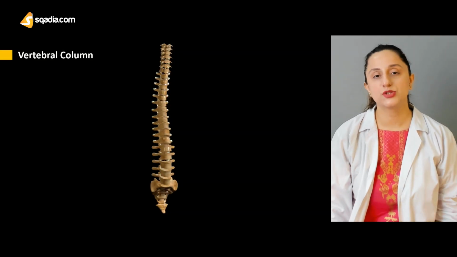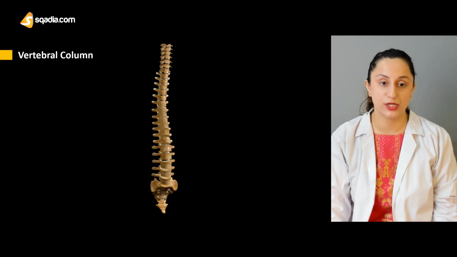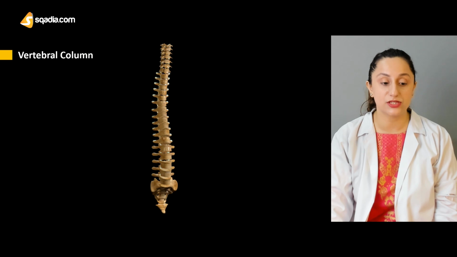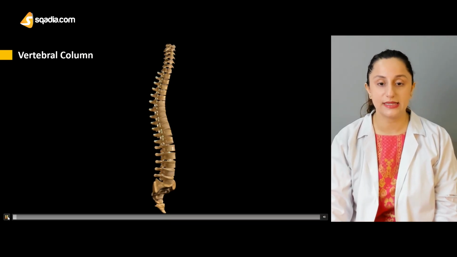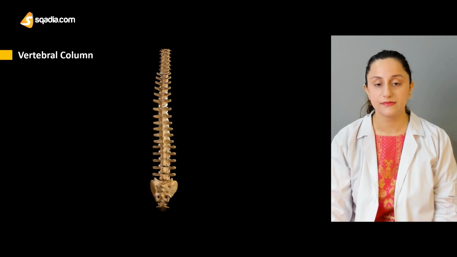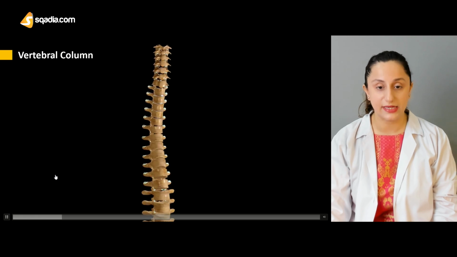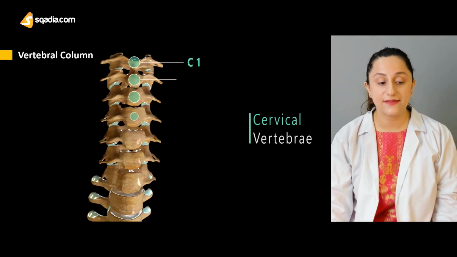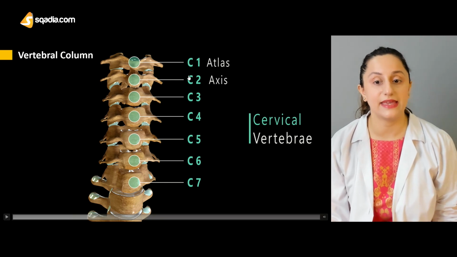So here's an animation which is basically giving you an overview of the vertebral column. It's a 3-dimensional view of the vertebral column. As you can see over here, first of all, we have the cervical vertebrae, and there are 7 of them, namely the atlas and the axis.